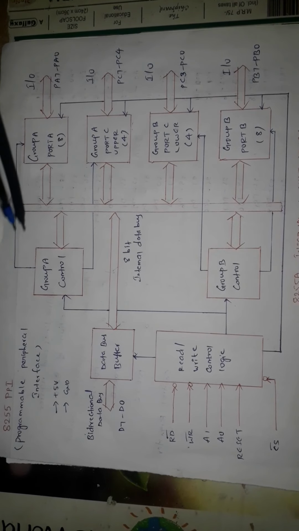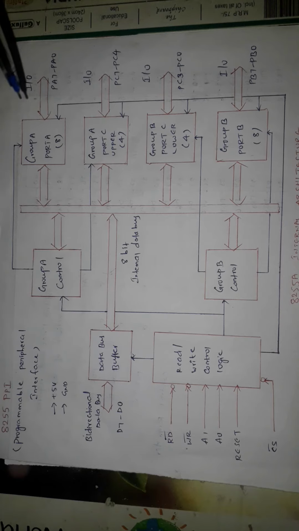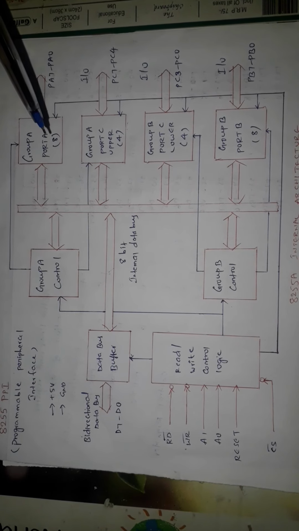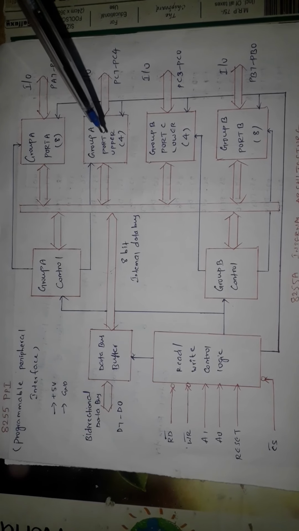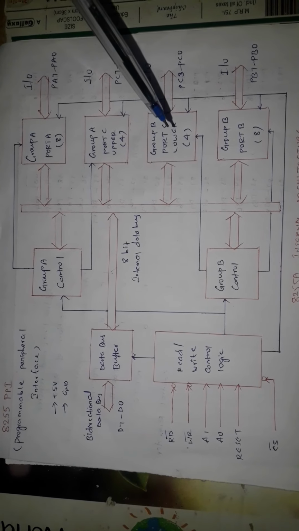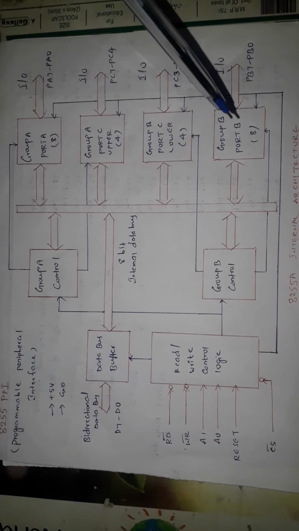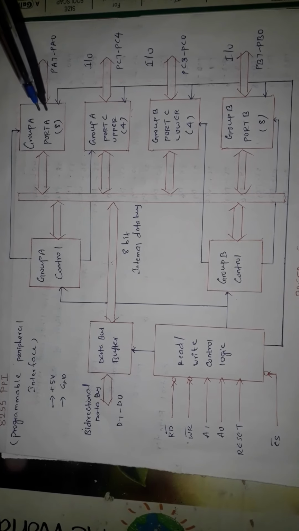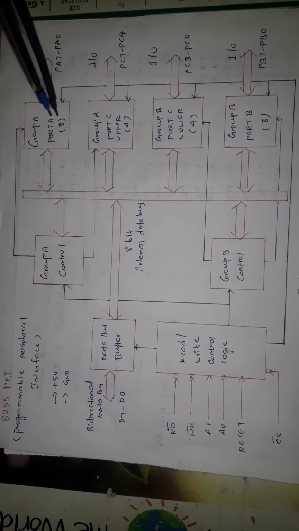So if you look at the internal blocks of the 8255 PPI, it has 4 ports: port A 8 bits, port C upper 4 bits, port C lower 4 bits, port B 8 bits. Generally registers are used as IO ports.